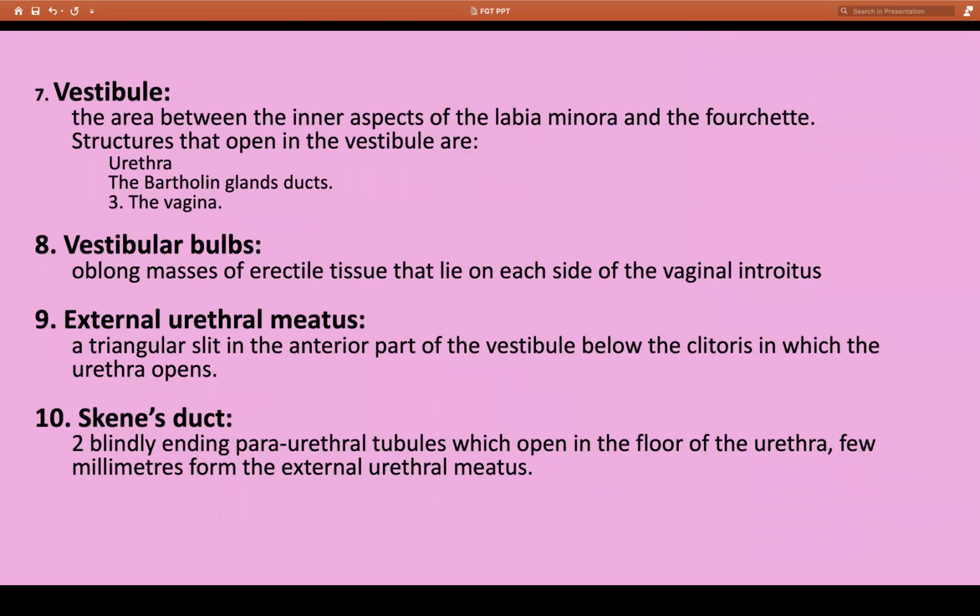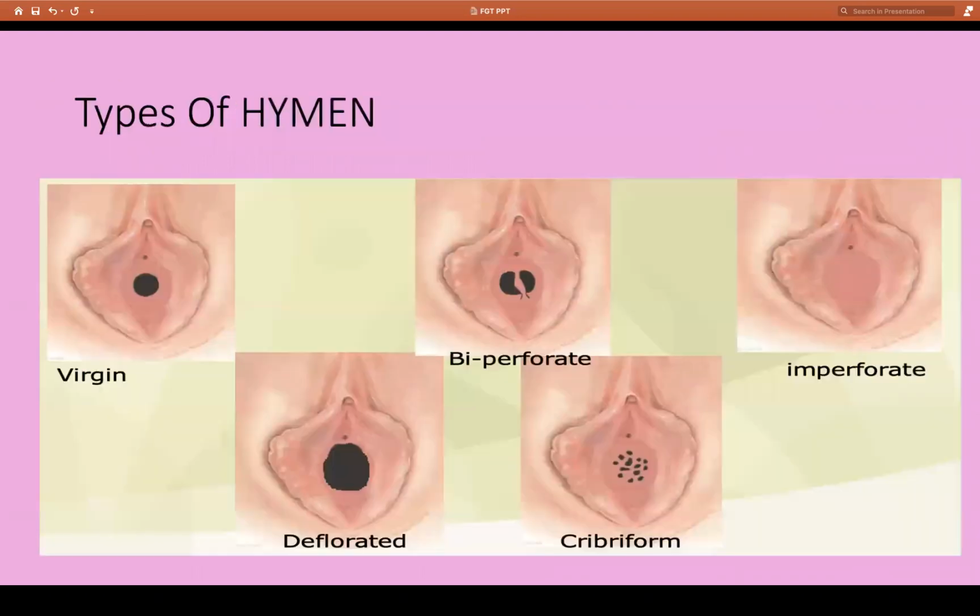Vestibule is the inner aspect of labia minora and furcate. Structures that open into vestibule are urethra, two Bartholin's ducts, and vagina: external urethral meatus, vestibular bulb, and Skene's ducts. Skene's ducts are the glands that open around the urethra to keep it moist.